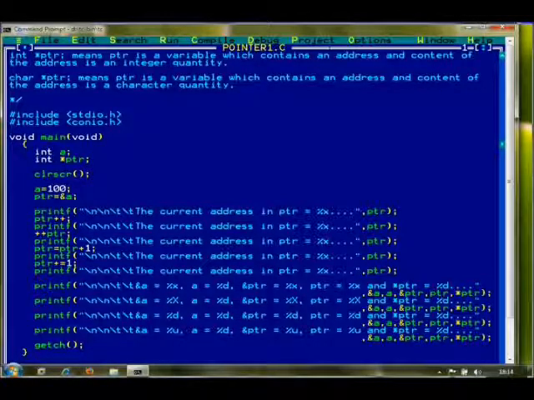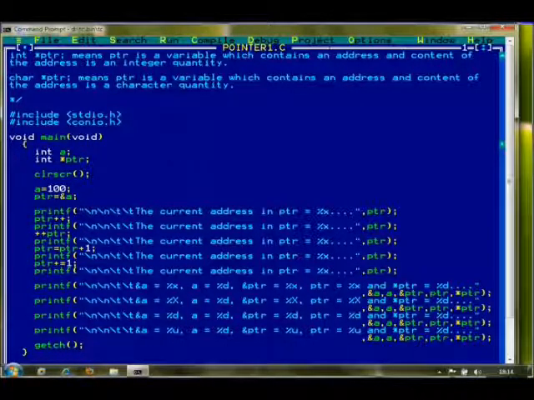So what is the limitation of PTR plus plus? It can increment the value by 1 only. What is the advantage of PTR is equal to PTR plus 1? In place of plus 1, if you put 100, then PTR would get incremented by 100, because here I am using the add operation.